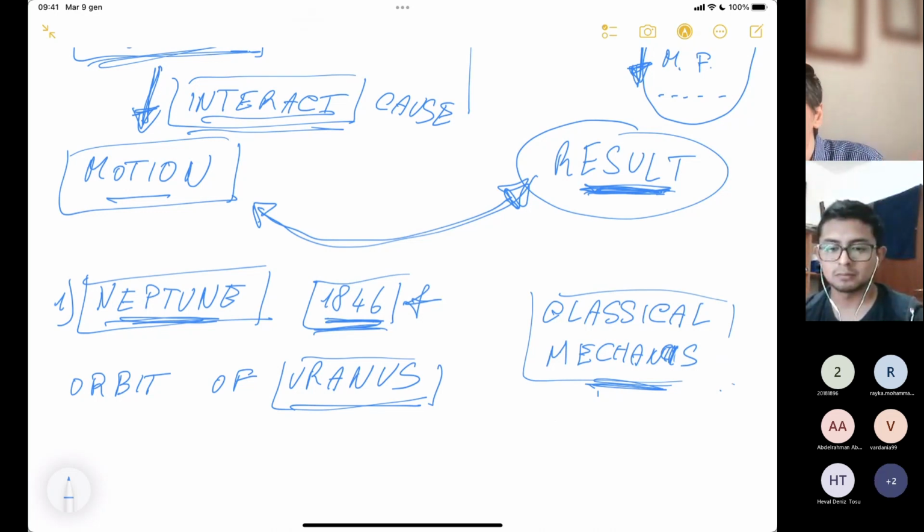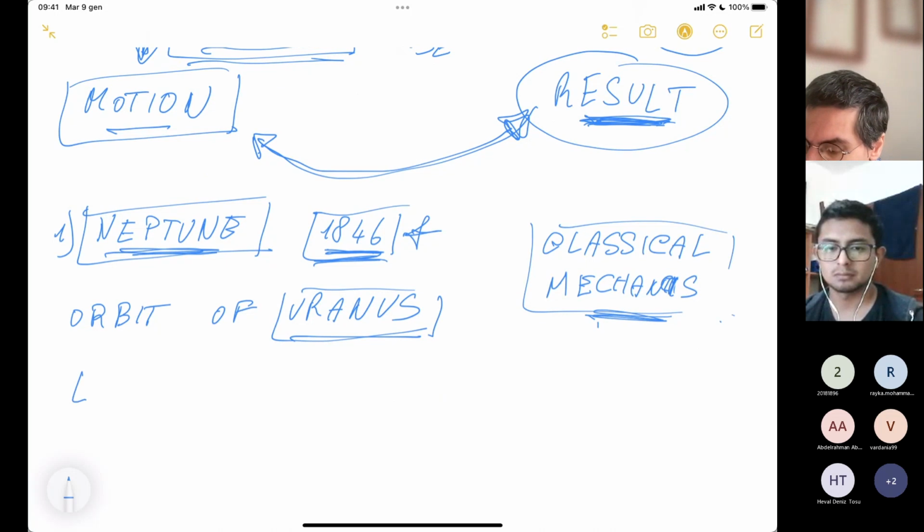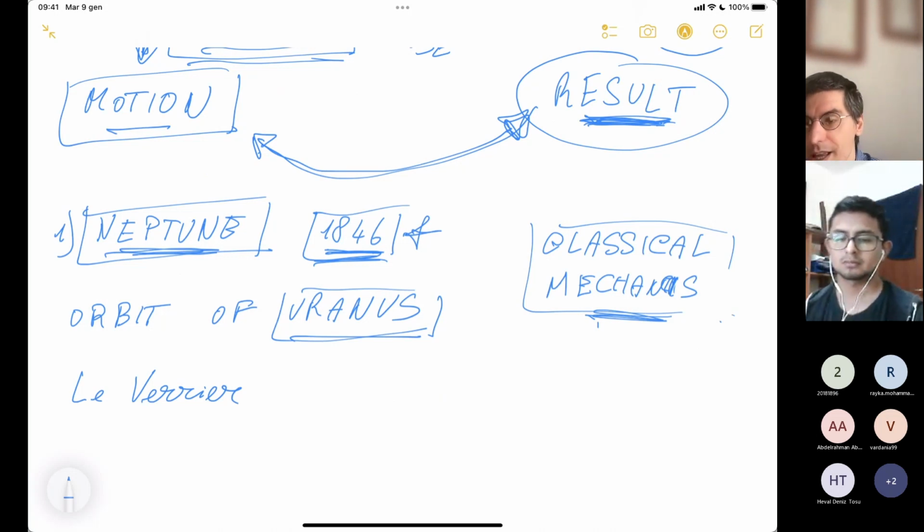This is clear. So, one guy from France, Leverrier, said, since the classical mechanics should be correct, the only possibility to explain this behavior is that another planet is there of which we are not aware.